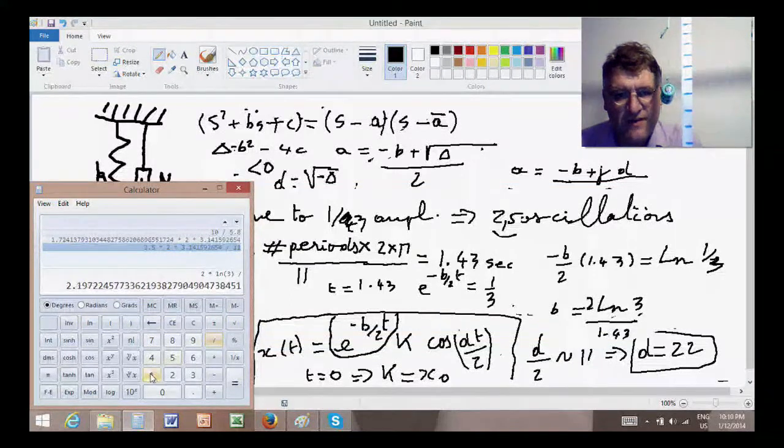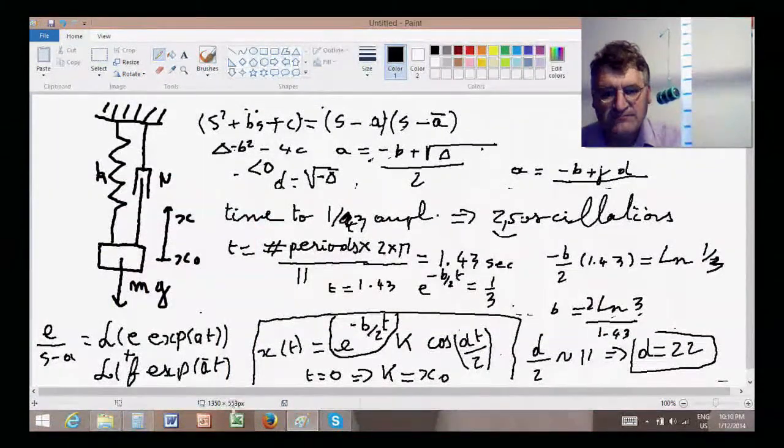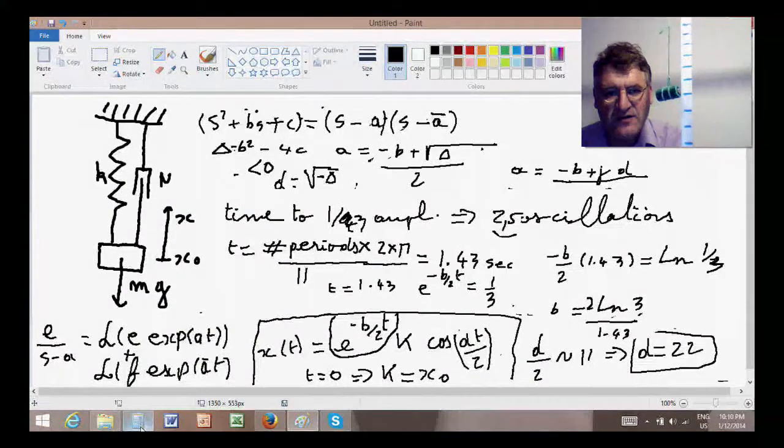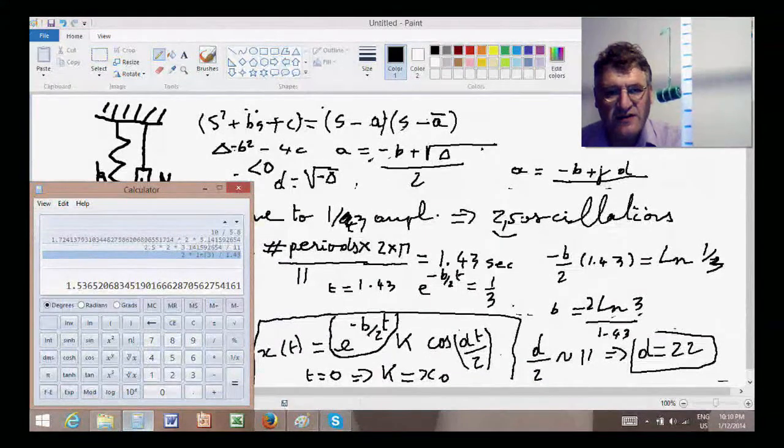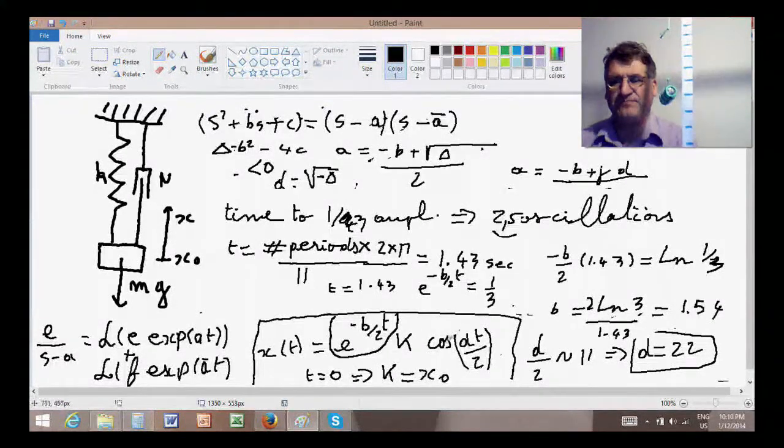We divide the whole thing by 1.43, and we get that b is equal to 1.54. Okay, so this is our final value of b.